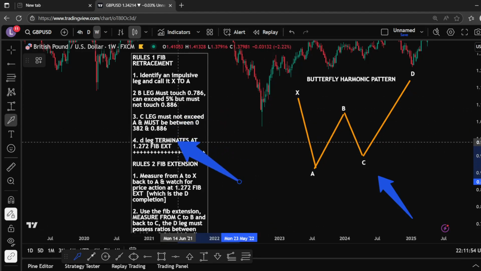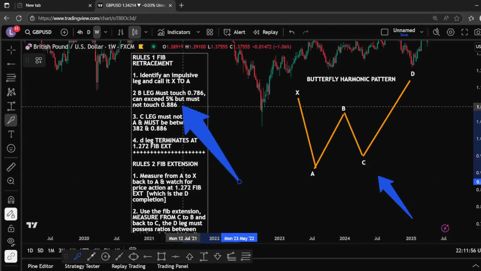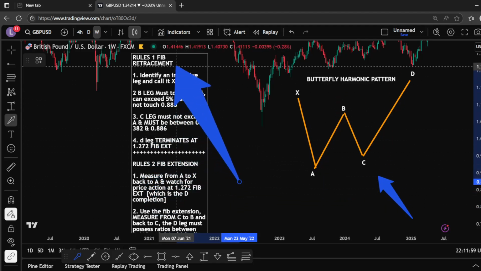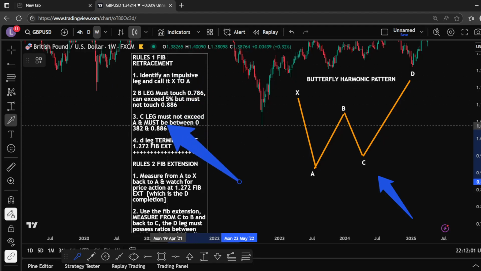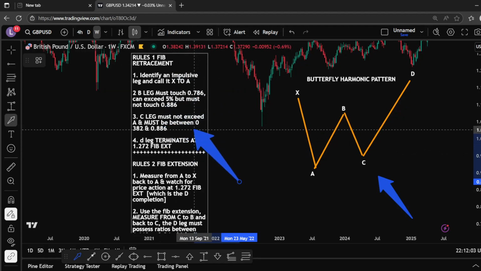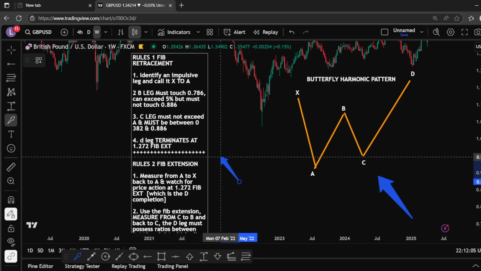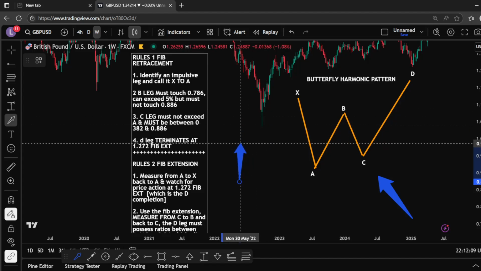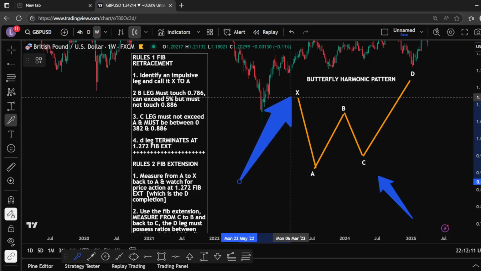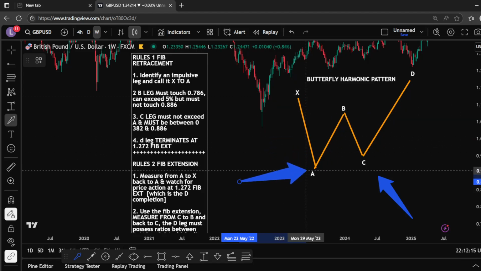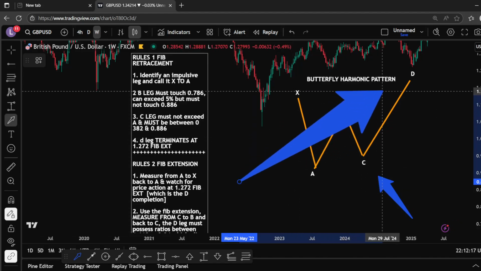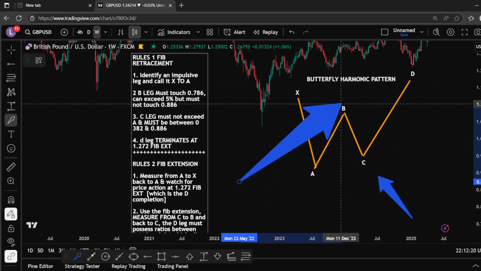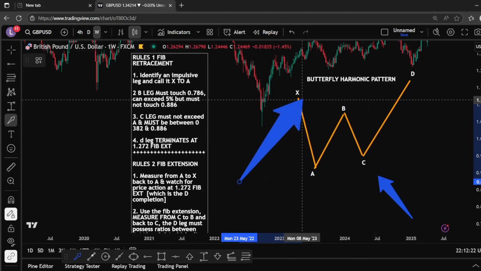To our left, I've written the rules of the butterfly pattern, so we will follow this as we go along. The first thing you do is identify your impulsive leg, which is your X to your A. This is the bearish pattern, which is the W pattern, or W formation.